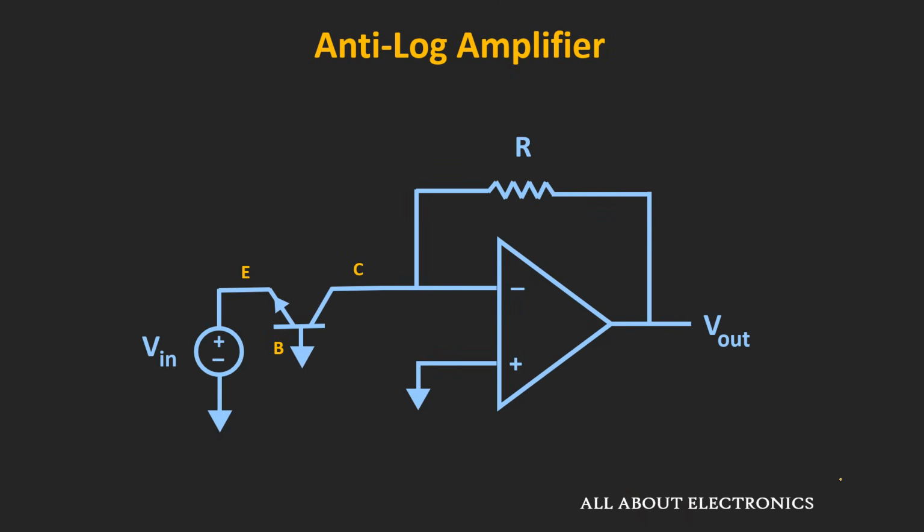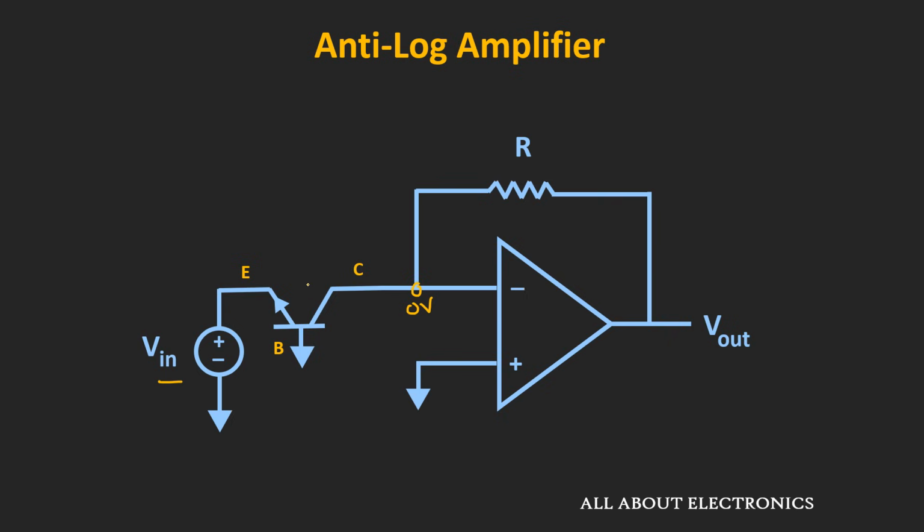So here we have just interchanged the position of the resistor and the transistor. Now using the concept of virtual ground, we can say that this collector is also at a ground potential. But here, to make this base emitter junction positive, this input voltage Vin should be less than 0, or we can say that the input voltage should be negative, because here we are using the NPN transistor.